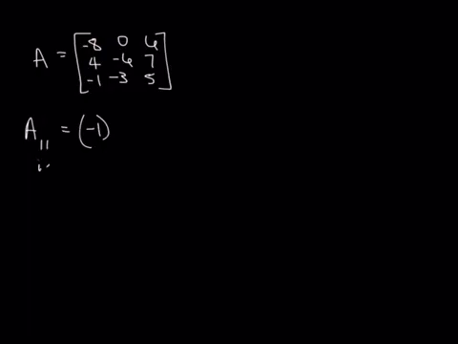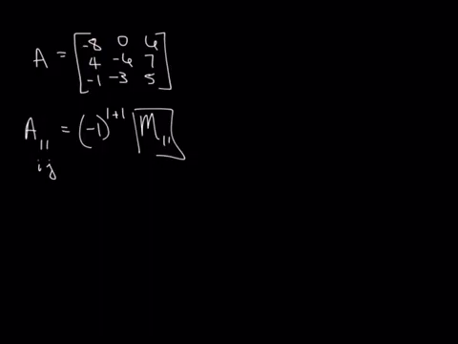This is the i, this is the j. 1 plus 1, times the minor 1,1, and that's what we're looking for here. So what is the minor of 1,1?